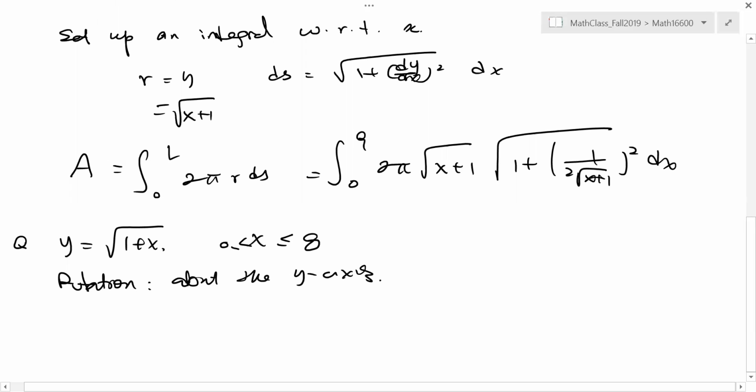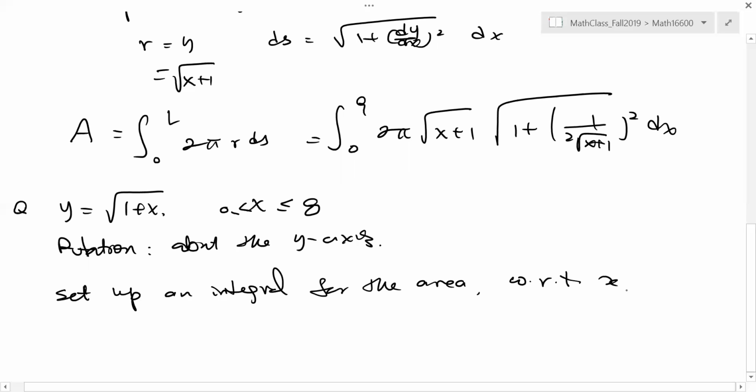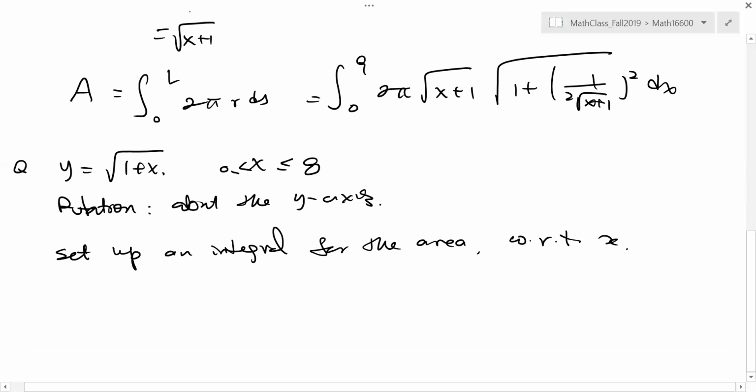I'm going to ask you to set up the integral for the area with respect to the x variable. The integral must be with respect to the x variable. All right, please do it.